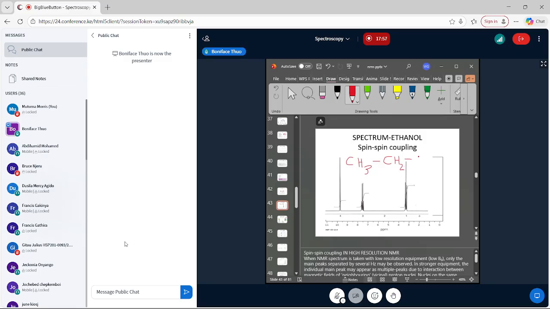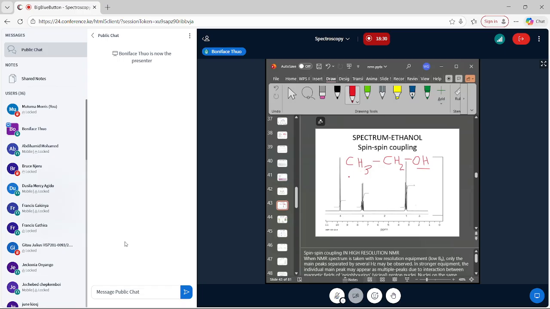We have the OH. Okay. So we said that we can first ignore the OH, okay? Because we said the chemical shift normally depends on the concentration, as we have mentioned, the intermolecular influences.